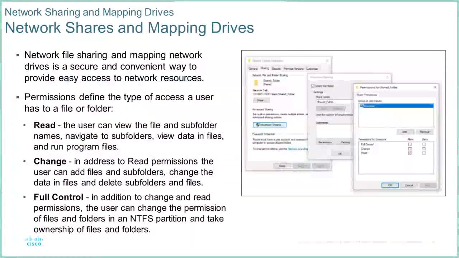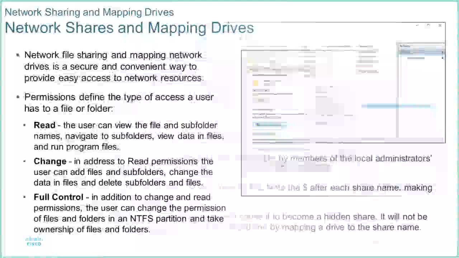From the directory that you point it to down is available under the share, and you then allocate the permissions available via that share. So you can create it so that people can only read the contents, they have change rights, or they have full control over what's going on in that area.